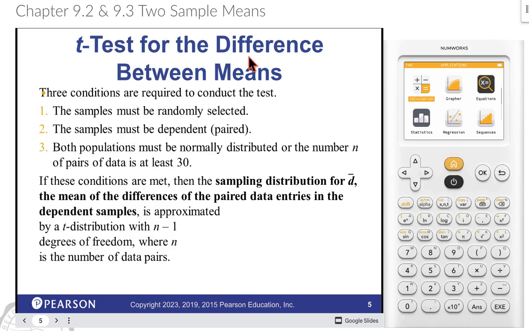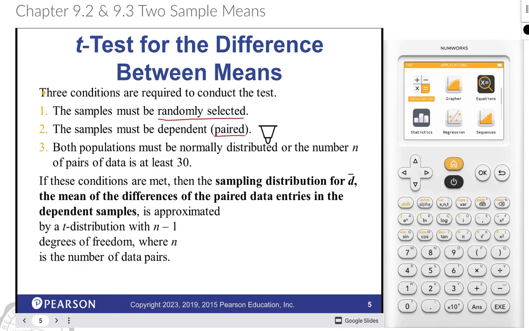So first of all, to do a t-test for the difference between means on paired data, three things have to happen. The samples must be randomly selected, which is pretty much a requirement for all of these tests we're doing, and you'll see that they'll say they're randomly selected. Samples must be dependent, which means that they're paired.